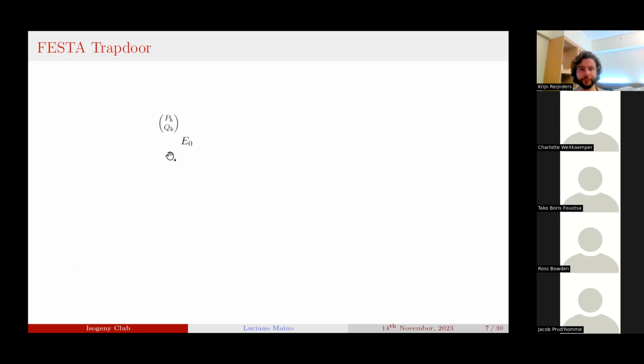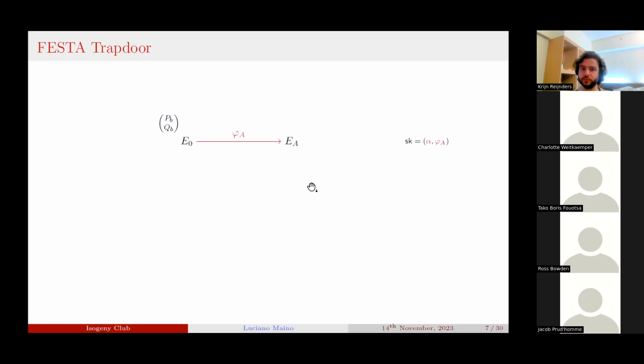And on this elliptic curve, we fix a basis, PB, QB. I will tell you how we pick this basis and what the specifics of this basis are in the next slides, especially when I argue security. This is part of the public setup.